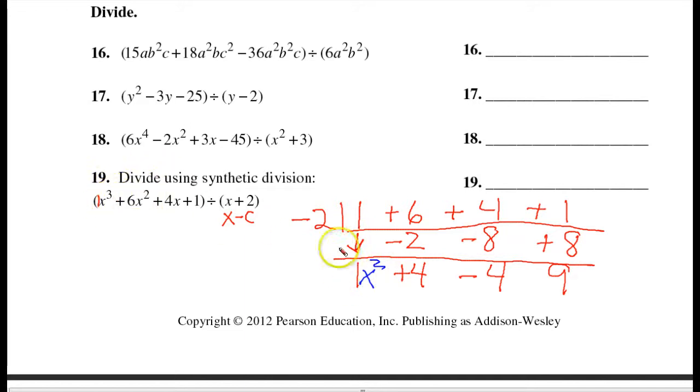One less power. This will become an x. This is the whole number, and this is your remainder. And you use what you originally had. Synthetic division for number 19.